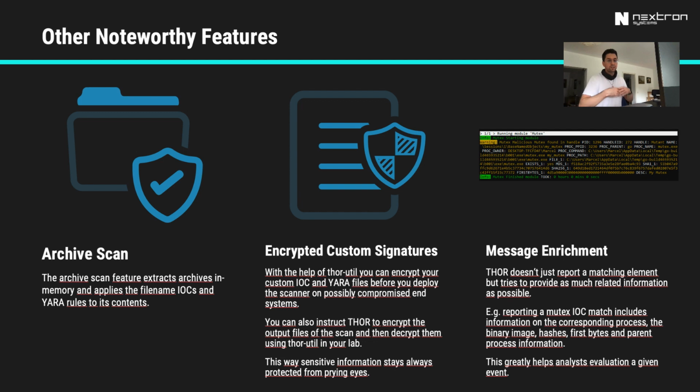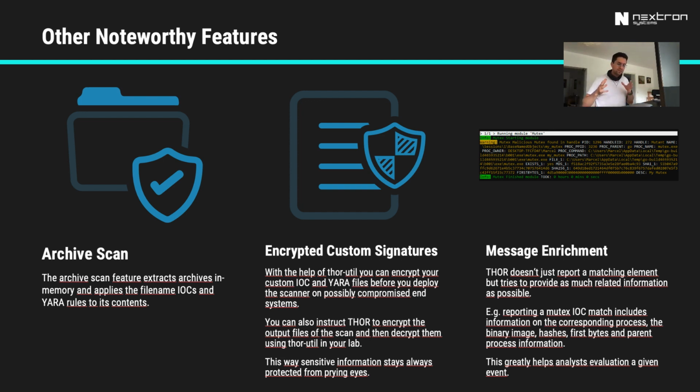So we enrich even event log entries. When you find a certain file name in an event log, we would try to find that file on disk and add hash values to that THOR event, although the original event log entry did not have any file hashes in it.